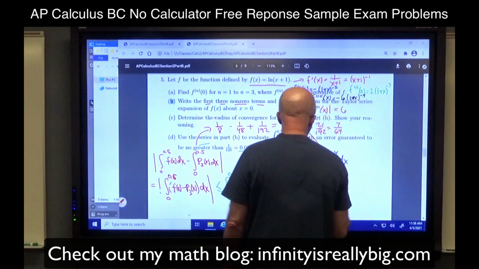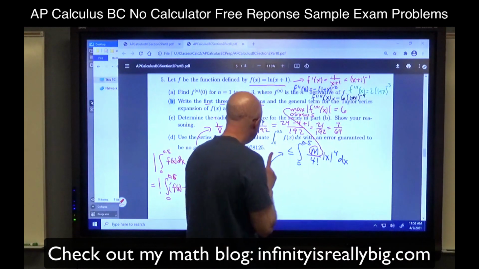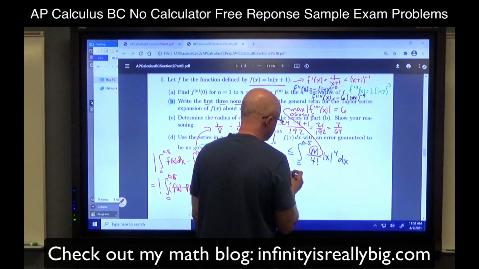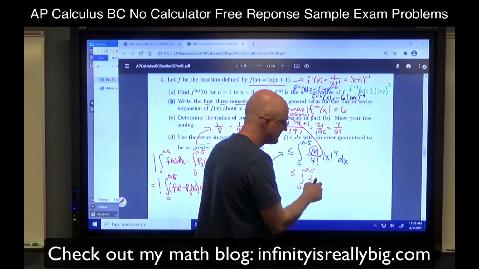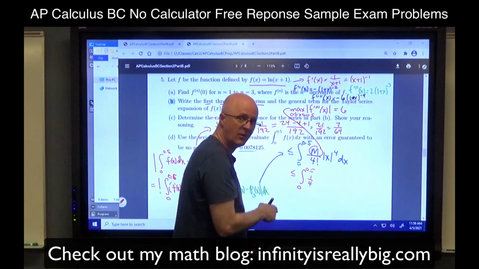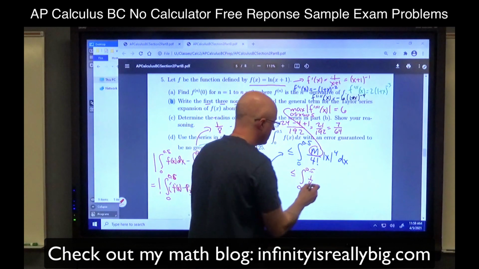And again, I could do the integral, but I think the point of the problem was actually not to do the integral, if you're thinking what I'm thinking here, but instead to replace the absolute value of x by its biggest value over the interval, which would be 1/2.